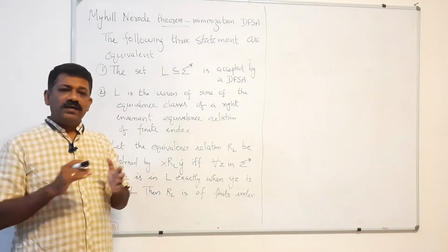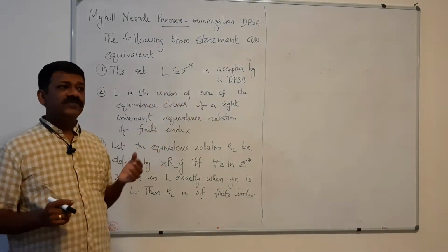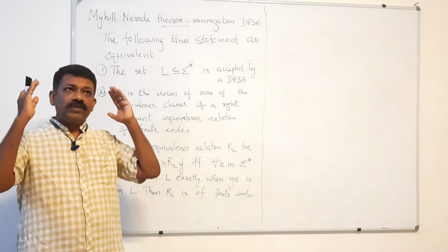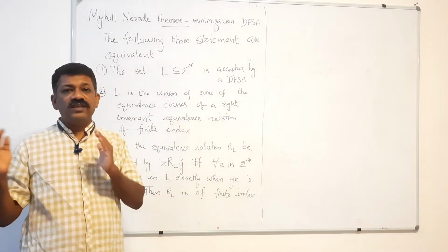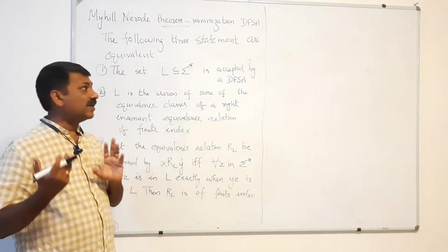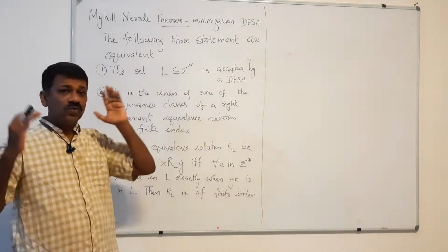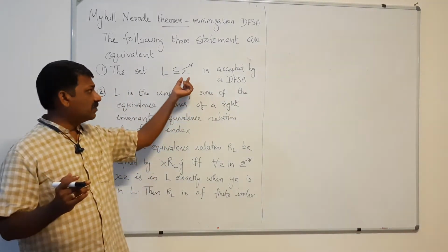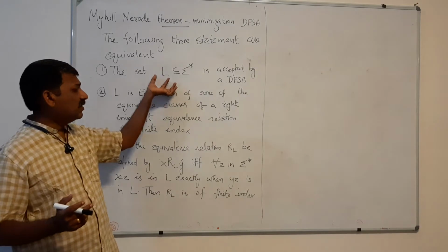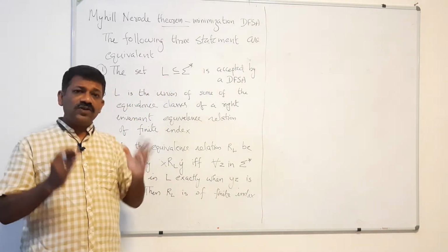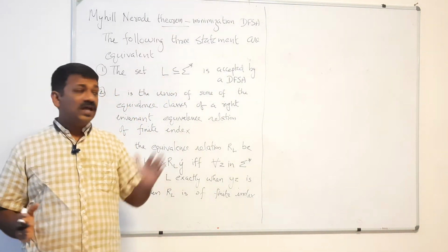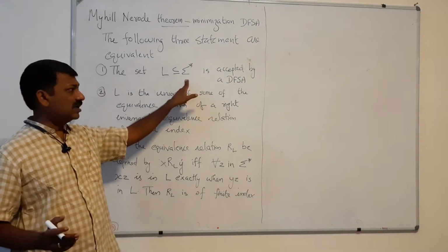Among that, suppose your L is defined as the set of strings which end with 0, 1. That is a subset of sigma star. All the binary strings constitute the sigma star, and your language is defined by the set of strings ending with 0, 1.